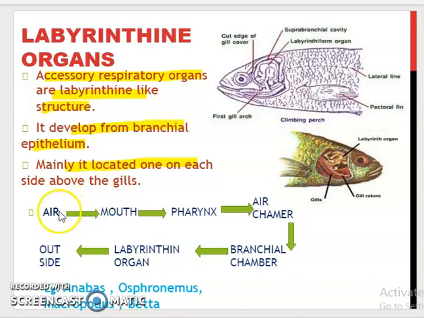The air is drawn in by the mouth and reaches the pharynx, then goes into the air chamber, passes to the branchial chamber, and reaches the labyrinthine organ. The deoxygenated, carbon dioxide rich air is expelled outside, and animals can remain out of the water for 6 to 7 hours.